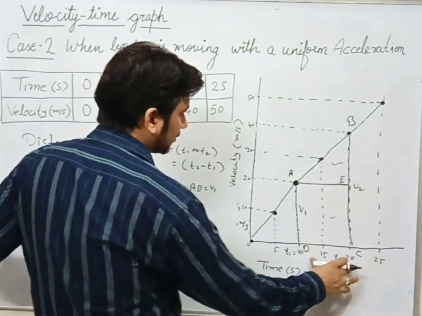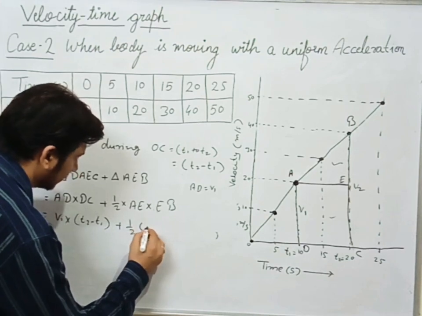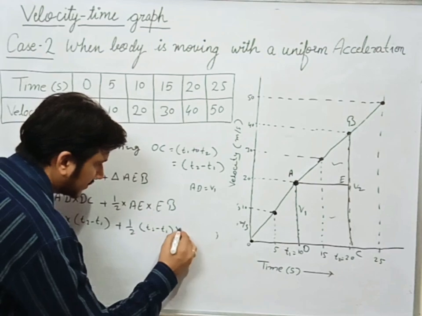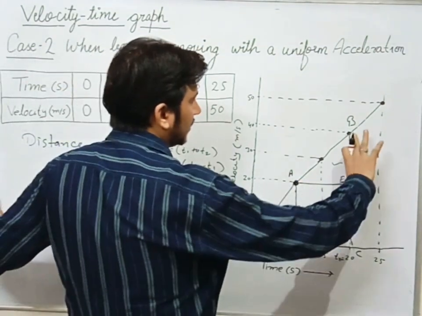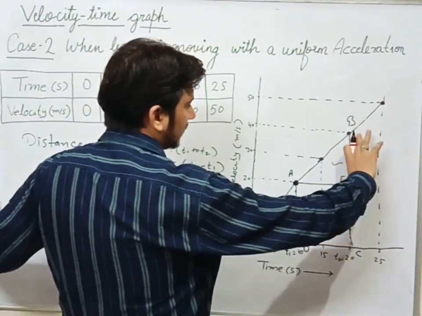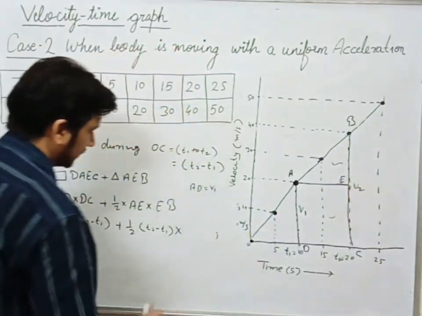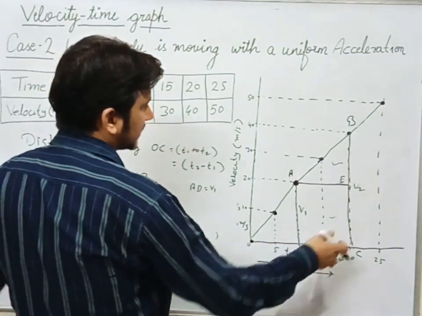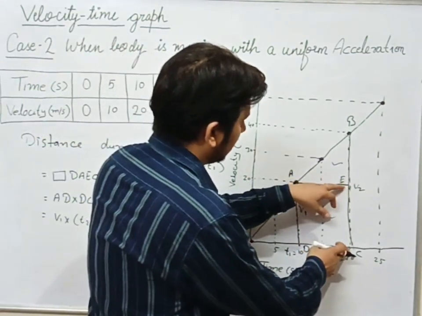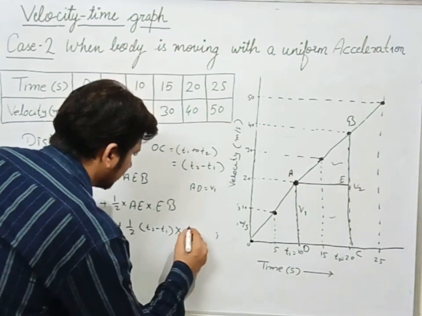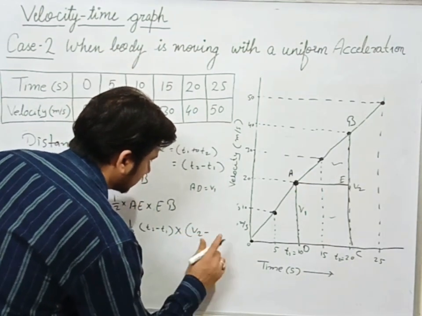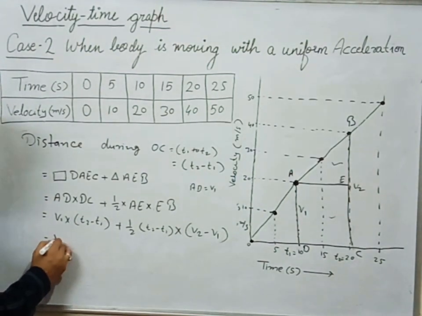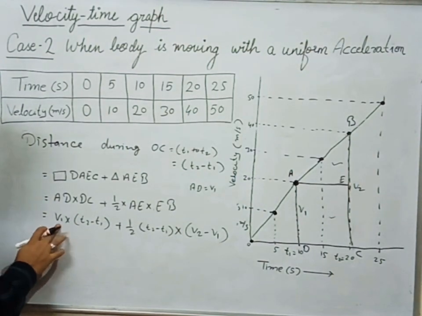AE equals T2 minus T1, into EB. This one will be V2 minus V1. So now V2 minus V1.